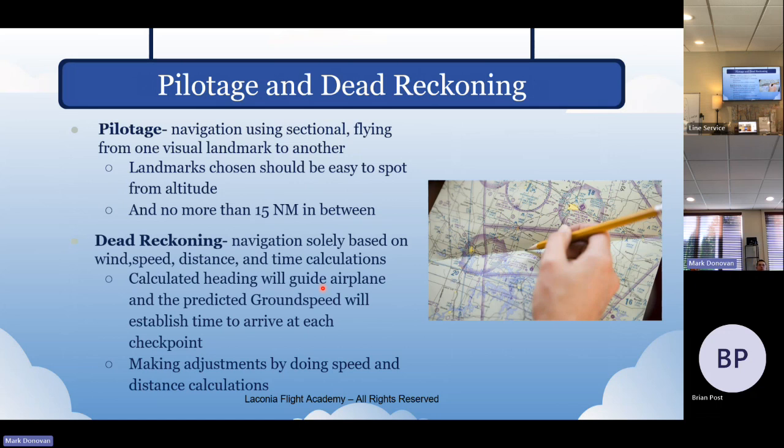It should take me this amount of time. If I'm not there in that period of time, well, something's wrong. Maybe I didn't correct for the wind. Maybe I'm off course, etc. And if we find out when we're flying a route that it's taking us longer to get there than we thought, we may need to make adjustments. We may have to say we're not going to get to our destination for a little bit longer. Or we might have to go faster if we want to shorten our time.